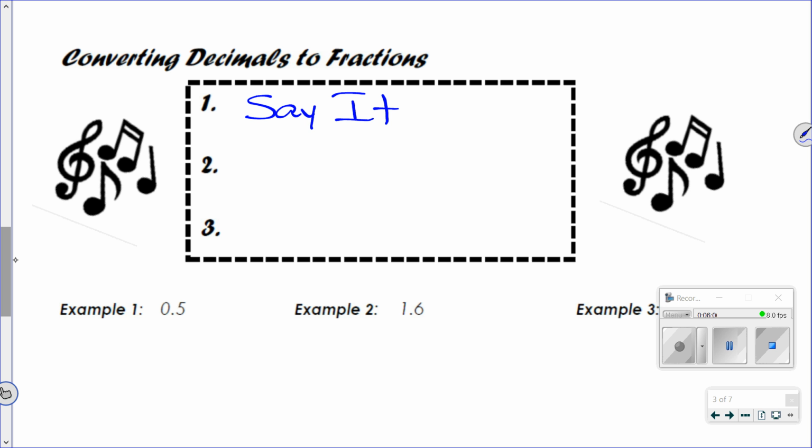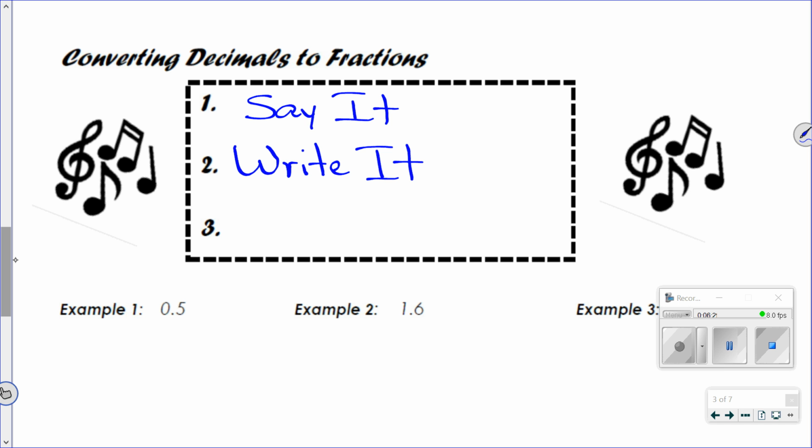That's why we just did that review on the decimal places, because you need to be able to say it properly. If you say it properly, it makes the next step really easy. Because once I've said it, now all I have to do is write it. So as I say it, I'm just going to write it exactly like it is.